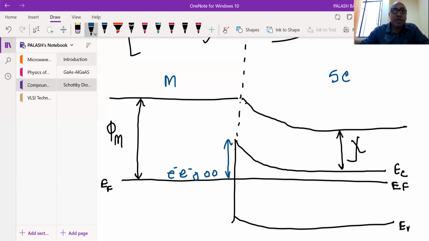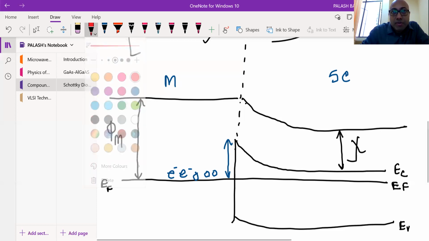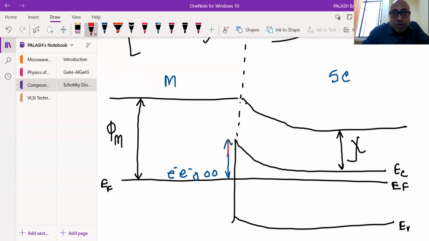If some electrons are on the metal side and want to go to the semiconductor side, they have to cross this height, which is called phi Bn, a very important parameter.